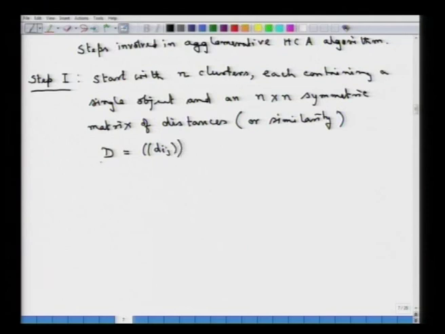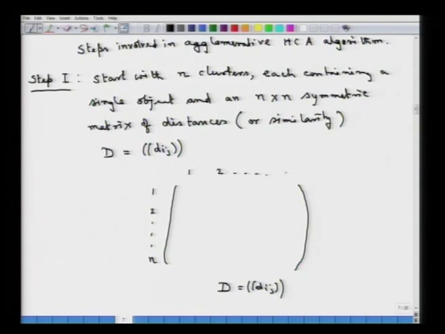Now, what is this D matrix? The D matrix gives the mutual distance between the objects that are present. So, there are n objects, suppose these objects are 1, 2, 3 up to n. So, we form this distance matrix D, which is holding the Dij entries.